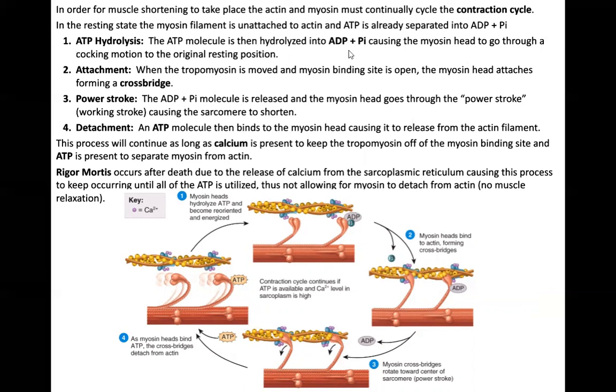Cross bridge cycle, also known as contraction cycle, is a 4-step process that we show here on this page.